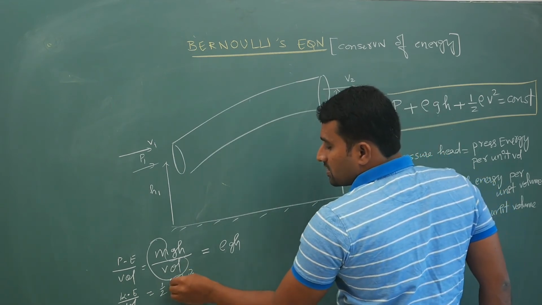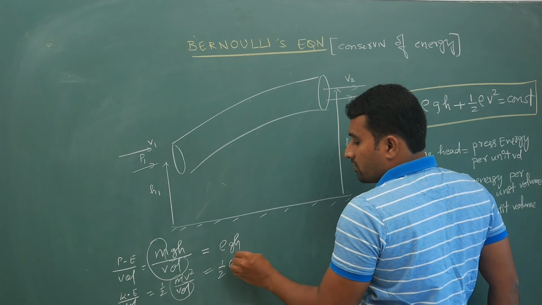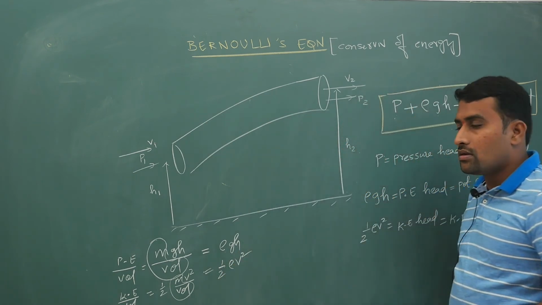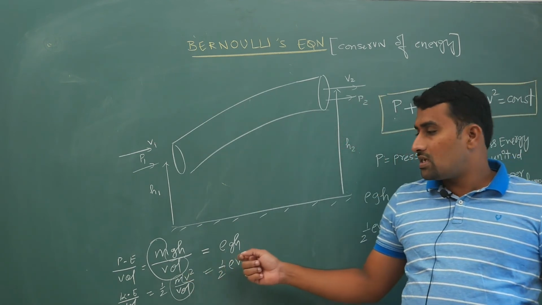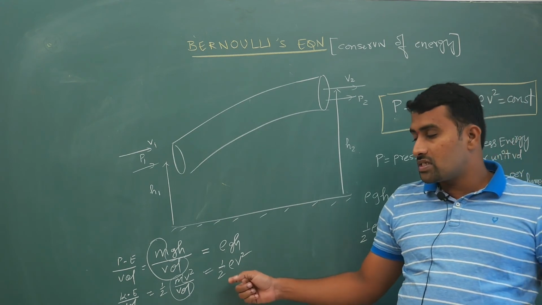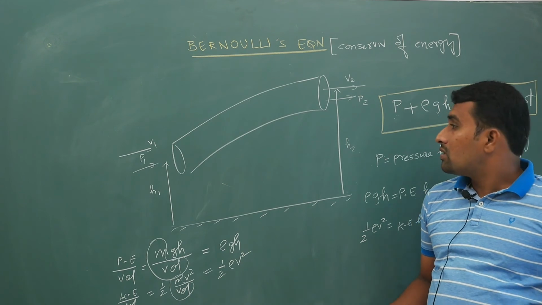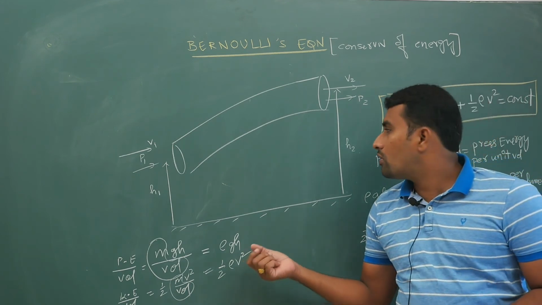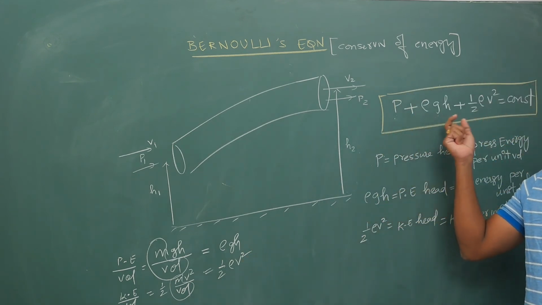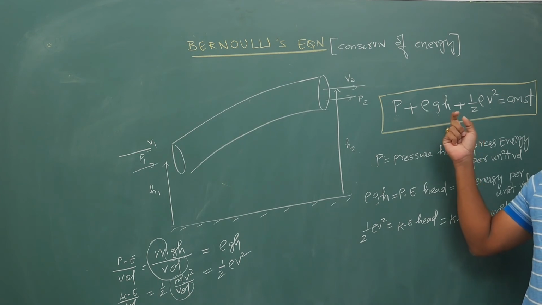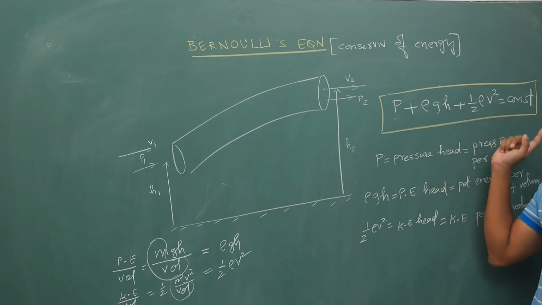Mass by volume is once again density. So you get half rho v square. So rho g h is potential energy per unit volume, half rho v square is kinetic energy per unit volume. Hope you have understood. So your pressure head plus potential energy head plus kinetic energy head is constant.